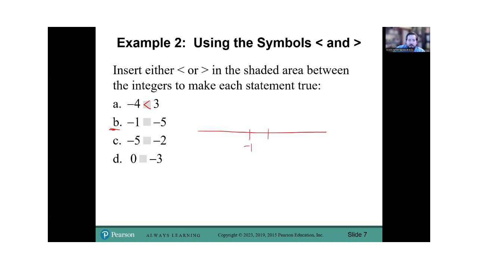There's -1 here, -2, -3, -4, -5. -5 is to the left of -1, which makes -1 the greater number. -5 is to the left of -2, and 0 is to the right of -3. So we use those symbols as such.